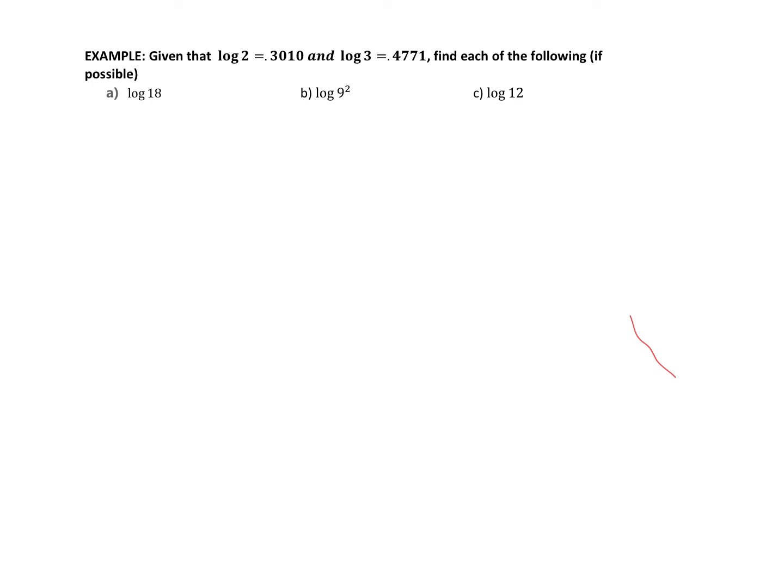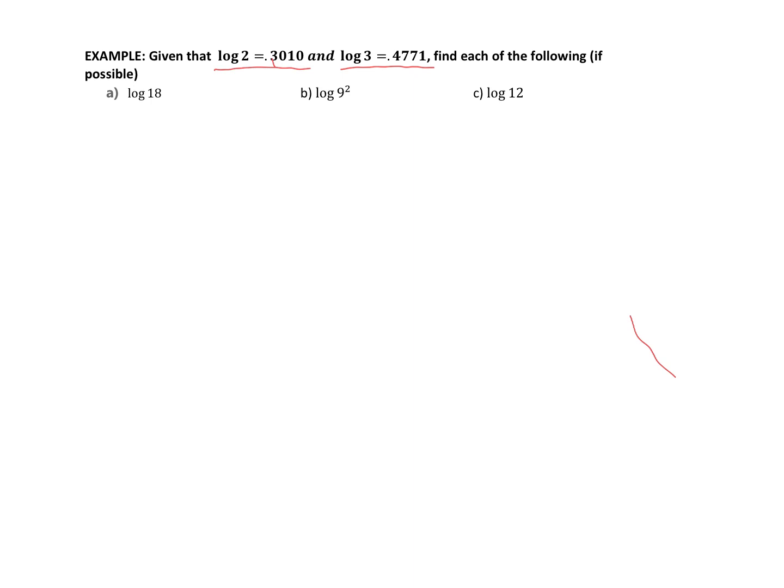One last example here. You will see these in your homework. Given that log base 10 of 2 is 0.3010 and log 3 is 0.4771, find the following if possible. So both of these are base 10. We don't write it. And all of the examples here are base 10.